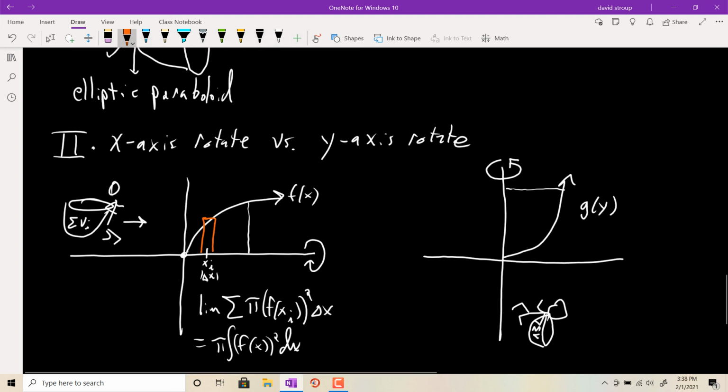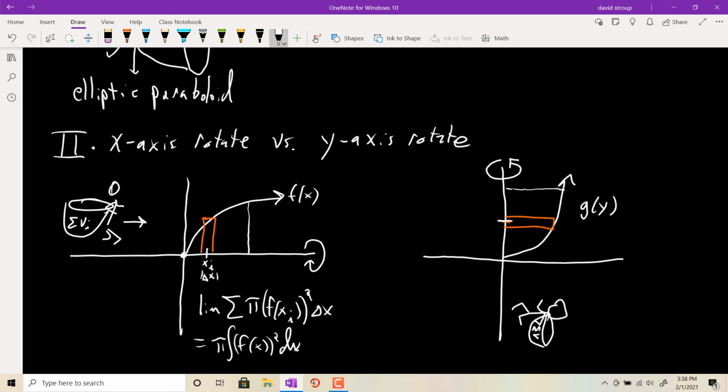Let me get the rectangle. So now the rectangle will be horizontally oriented, I guess is the way they talk about it. Regardless, the rectangle is always perpendicular to the axis of rotation.